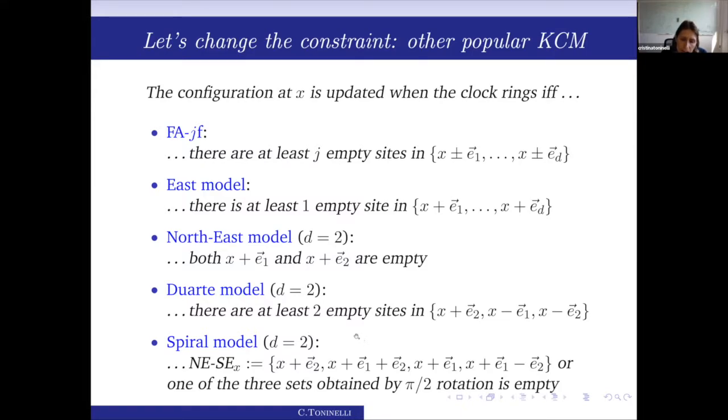These are sort of L-shaped neighborhoods around the site in which I want to update. There will be a drawing in 2 slides, in which I look at the 4 neighbors, which form my neighbors to the northeast and to the southeast, and I require all of them to be empty. And if this is not the case, I want at least one of the other 3 possible sets obtained by 90-degree rotations to be empty. Okay, the drawing is coming just after.